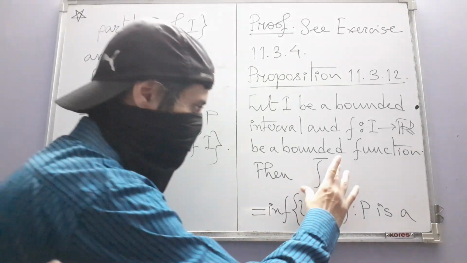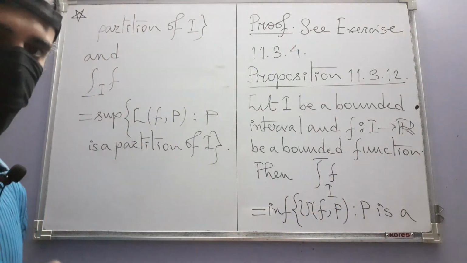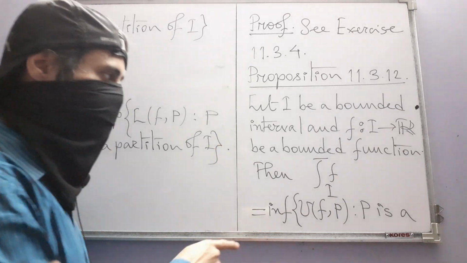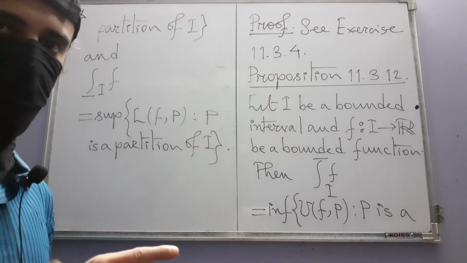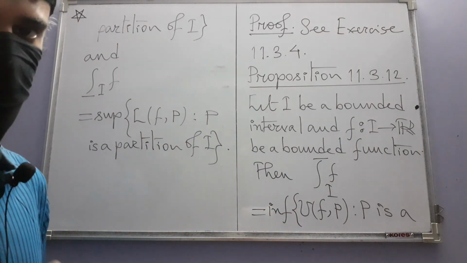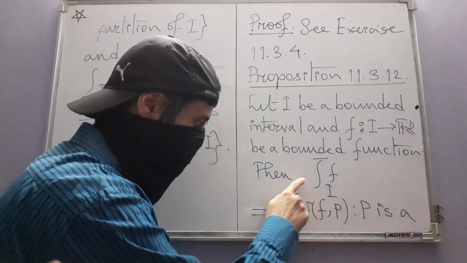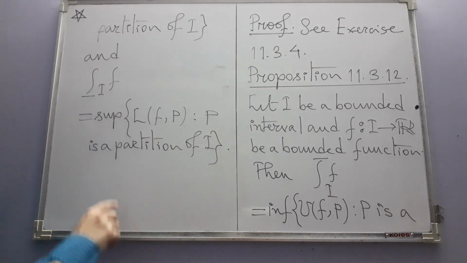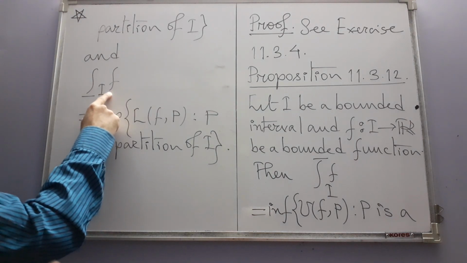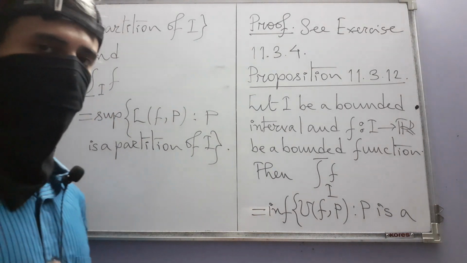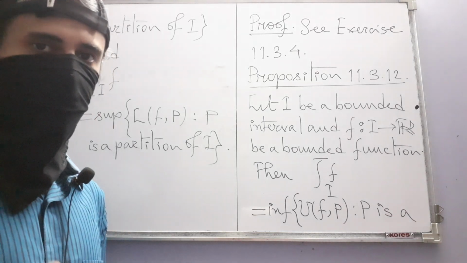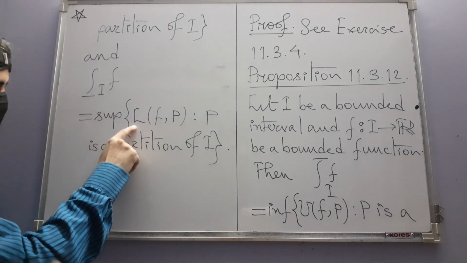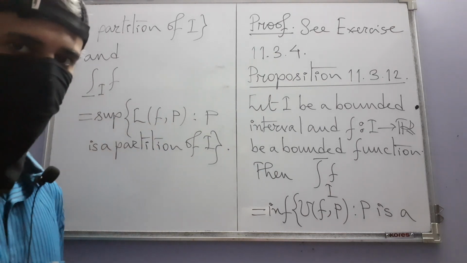We know what these quantities are. Their original definition tells us, for example, this one is the infimum of the set of integrals of majorizing piecewise constant functions. It turns out to be the infimum of the set of upper sums as well. Similarly, the lower Riemann integral, which by definition is the supremum of the set of integrals of minorizing piecewise constant functions, turns out to be the supremum of the set of lower sums as well.